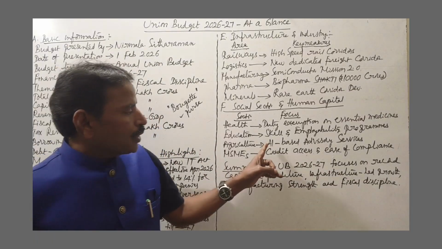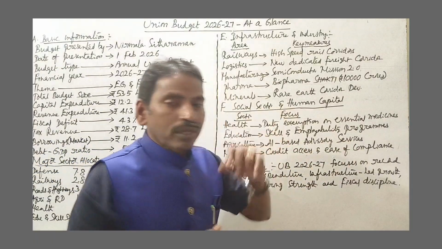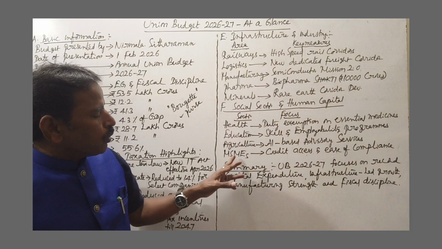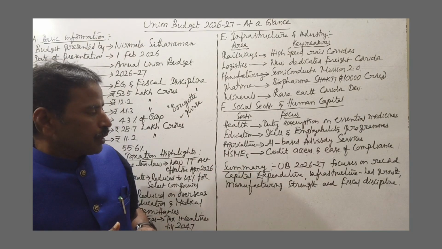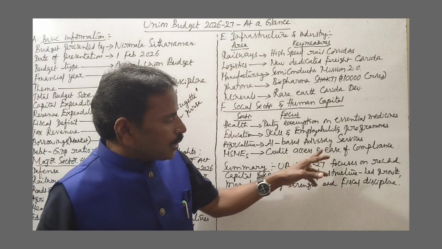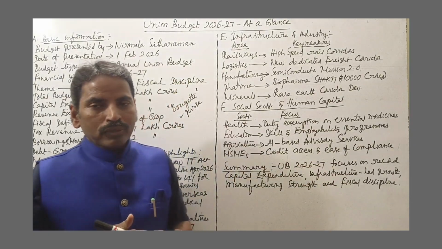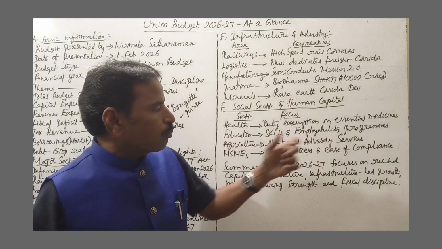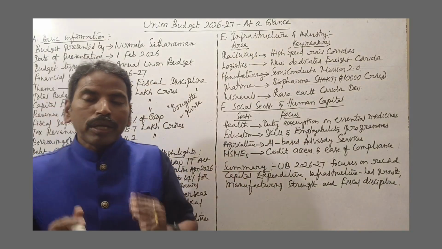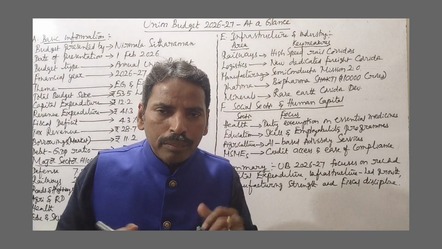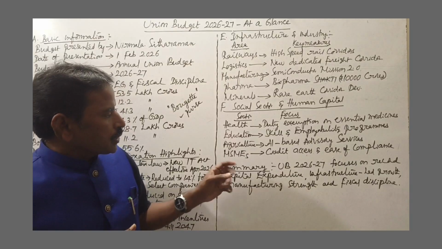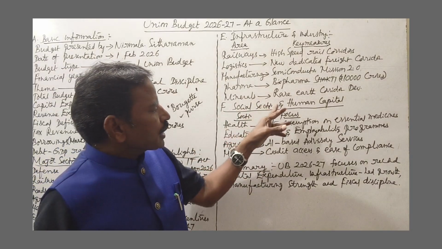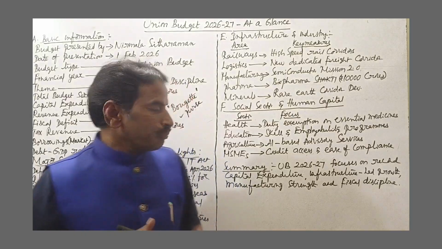And MSME, micro, small, medium enterprises: credit access is given and ease of compliance. These are the points related to social sector and human capital.